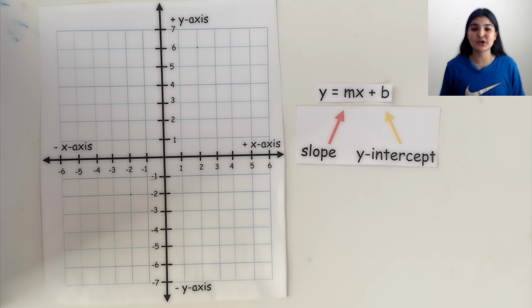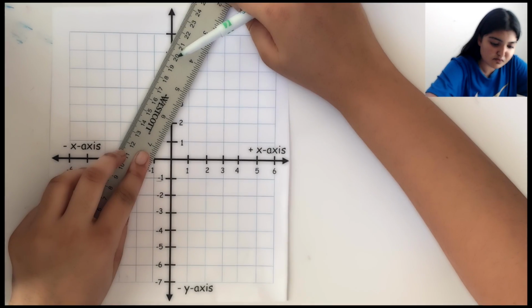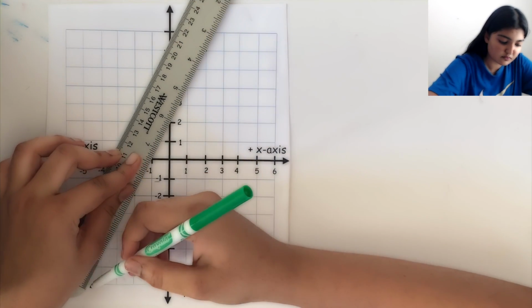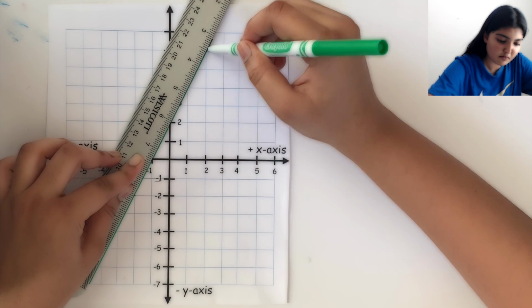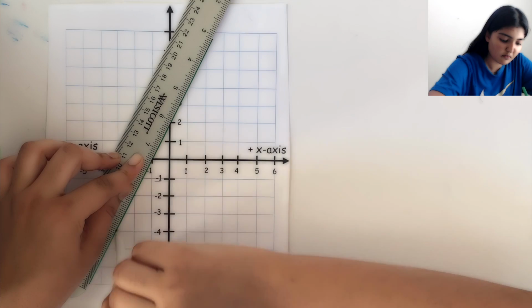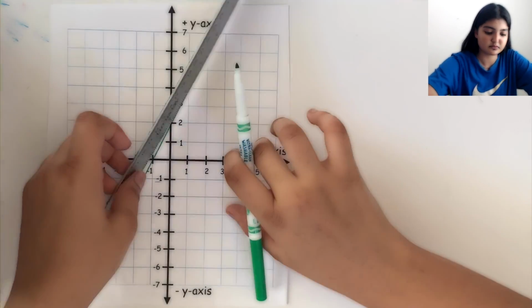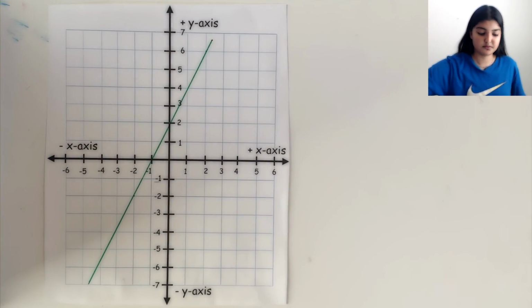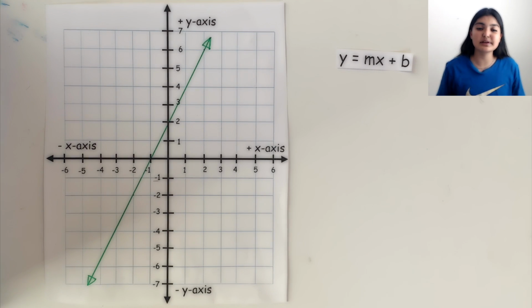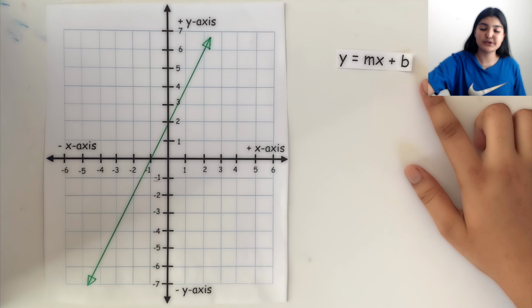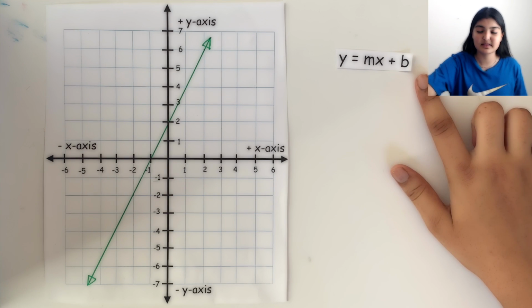Now, let's look at an example. Here is a line. Well, how can we describe this line using this formula?